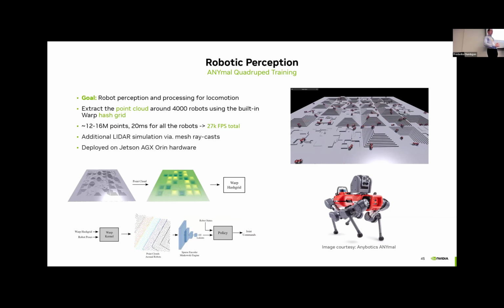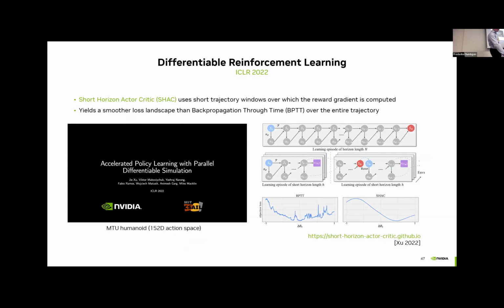So we simulate a LiDAR scanner and then use these mesh queries we have in Warp, like really fast ray casting, and then use this as an input to this neural network that can now learn from these point cloud inputs. So this actually runs on real Jetson hardware. So it's used and deployed already with Warp in the loop.